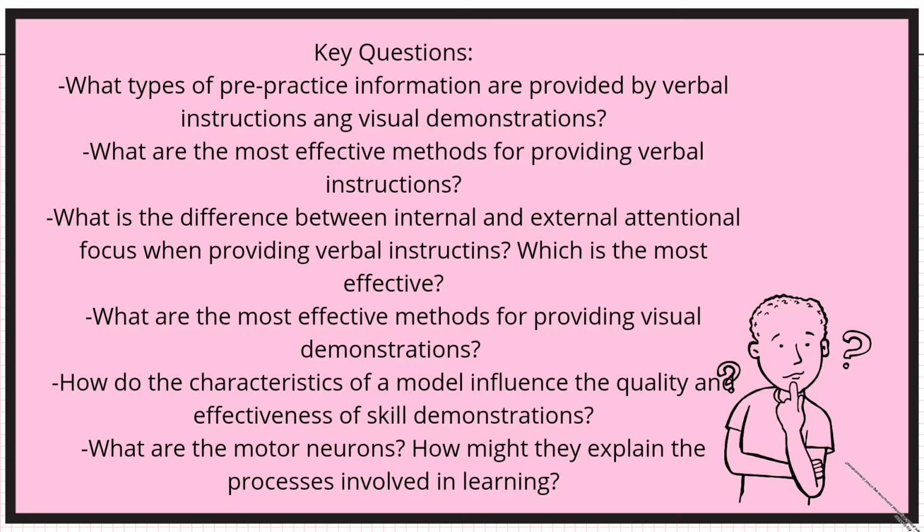Key questions: What types of pre-practice information are provided by verbal instructions and visual demonstrations? What are the most effective methods for providing verbal instructions? What is the difference between internal and external attentional focus when providing verbal instructions? Which is the most effective?